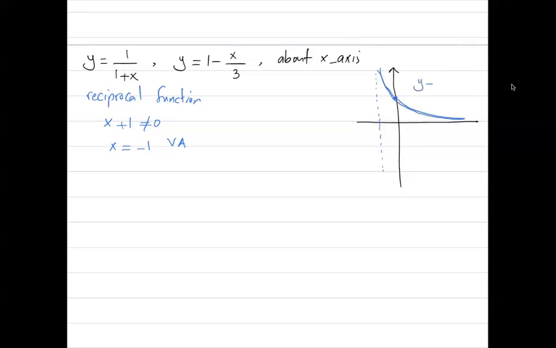So this is y equals 1 over 1 plus x. And then the other one is y equals (1 minus x) divided by 3, which is a decreasing line. When x is equal to 3, it hits the x-axis, so here.